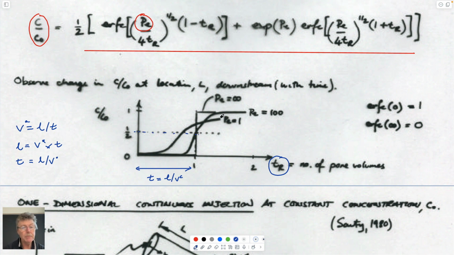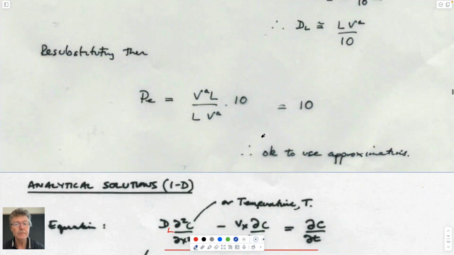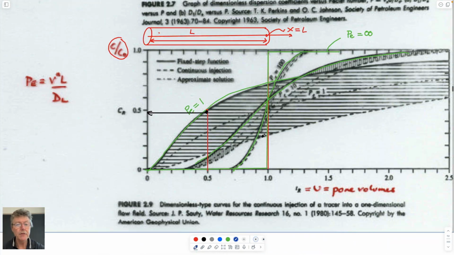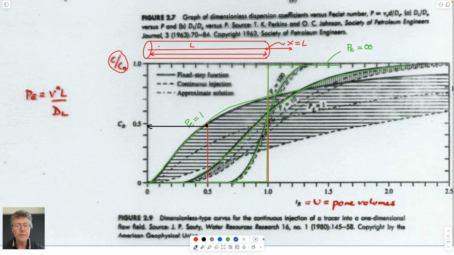But when the Peclet numbers are progressively smaller, for 100 it's still pretty true. So Peclet number, let's see on this. So if you wanted to be able to predict whether you could use it, one useful metric would be to say that the mean concentration of 0.5, which is this line going through it, is present at the location of one pore volume.